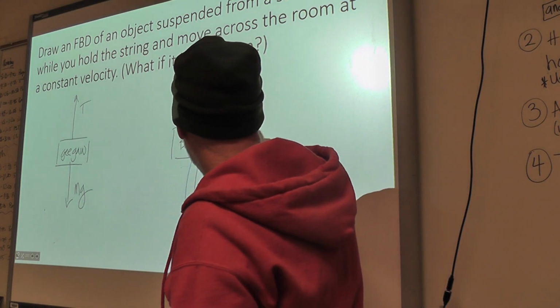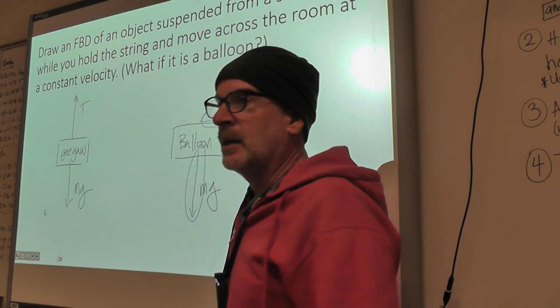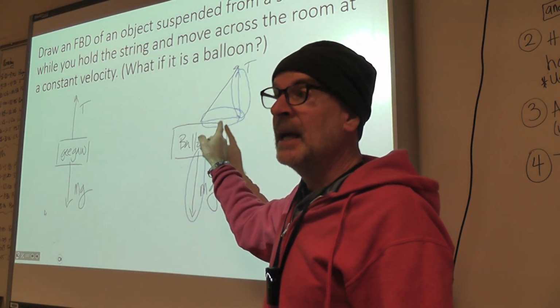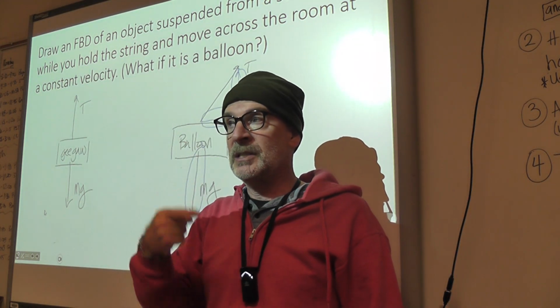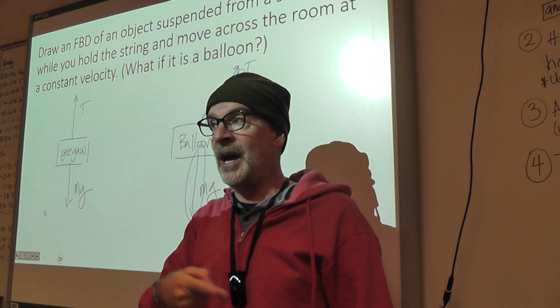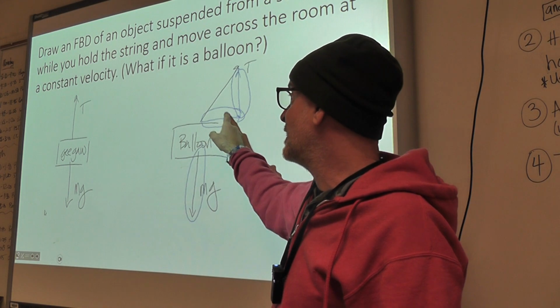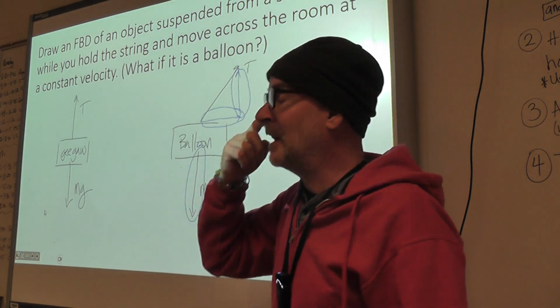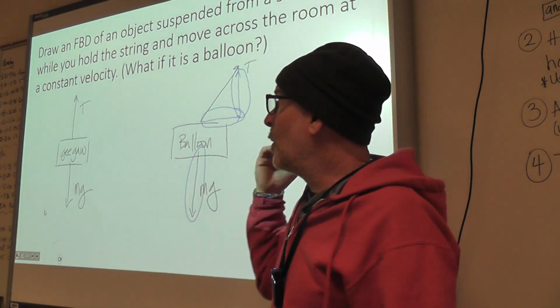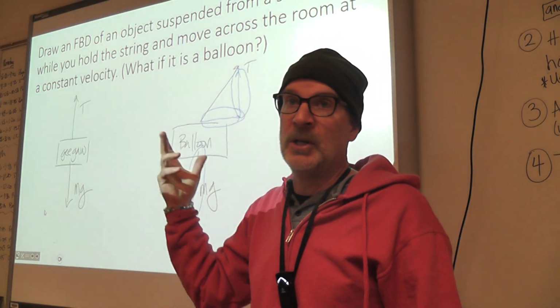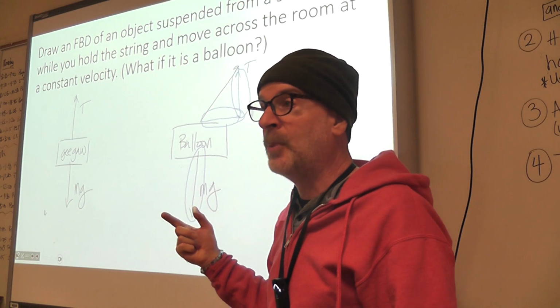But this part doesn't appear to be balanced out by anything. And that's a problem, because if this isn't balanced out by anything, then Newton's second law says it should be accelerating. That's what we figured out, is that overall forces lead to acceleration. This force looks like it's kind of a leftover. But when I was walking with the balloon, I was moving at pretty much a constant velocity. So how do we solve that problem?